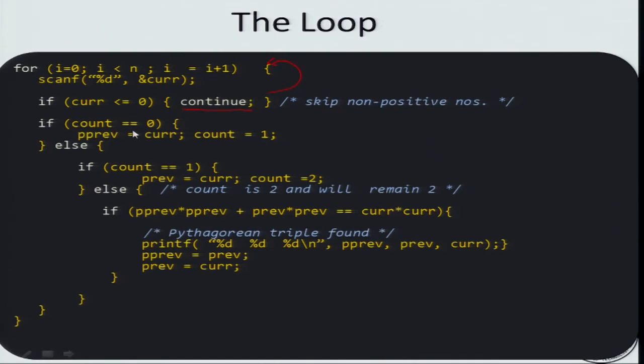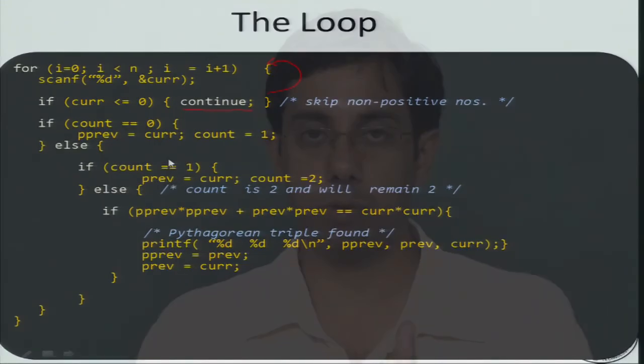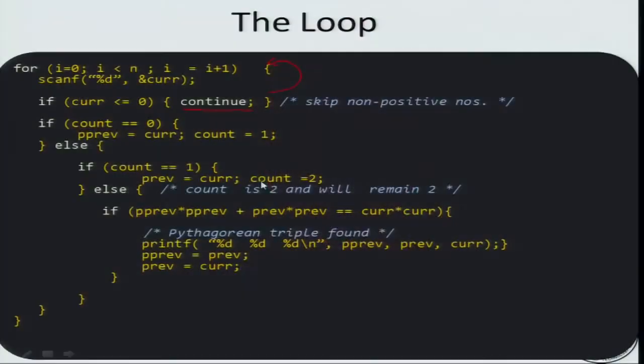So if the current number that I'm seeing is positive and it is not the first positive number, that means count equal to 1, I've already seen one positive number, then you know that there is a previous to previous number, so you set the previous number to the current number, okay, and you continue the loop, setting count equal to 2, which says that I have seen 2 positive numbers.